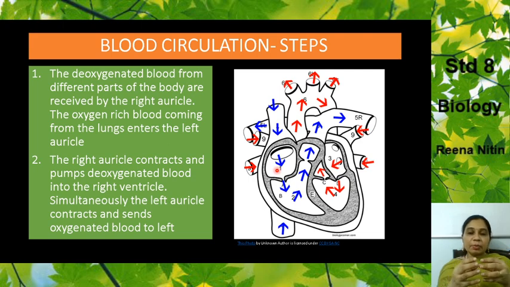So understand this, children, when the blood is coming inside, that part will expand, and when it contracts, the blood flows away. So the steps of circulation are nothing but contraction and relaxation of the chambers of the heart, the auricles and the ventricles. Remember, both the auricles work together, and both the ventricles work together.